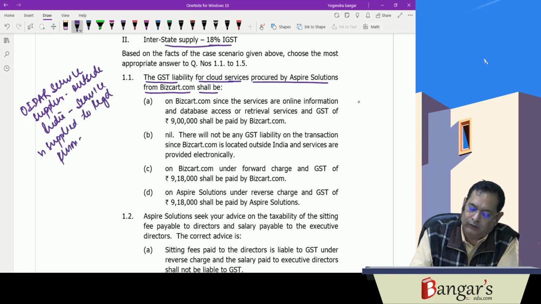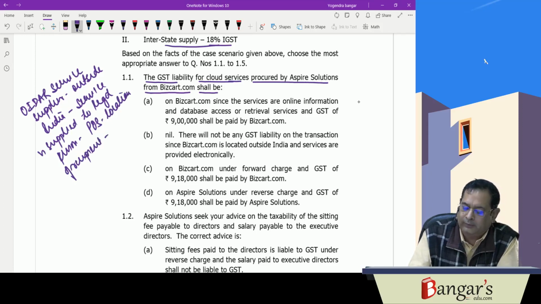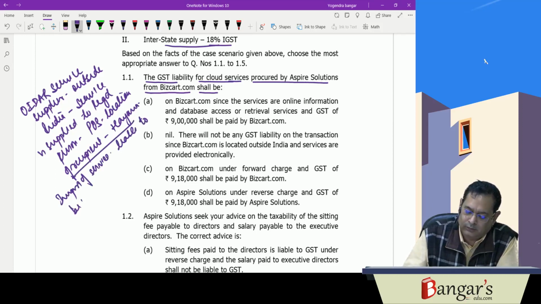As we have seen, the place of supply is the location of the recipient, that is in Haryana. It is import of service, liable to be taxed under RCM.